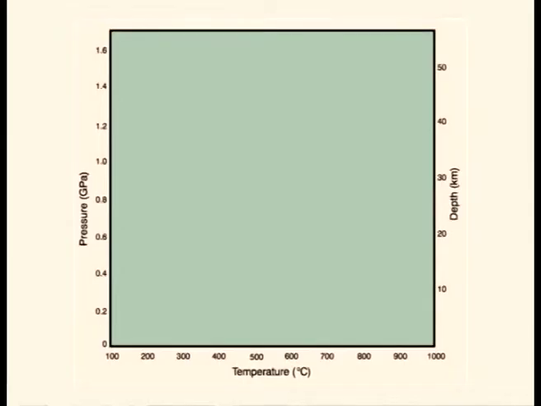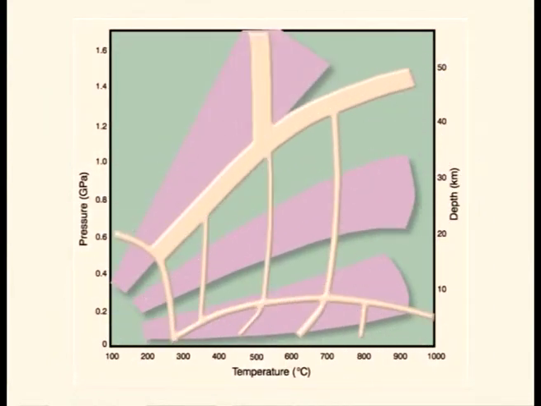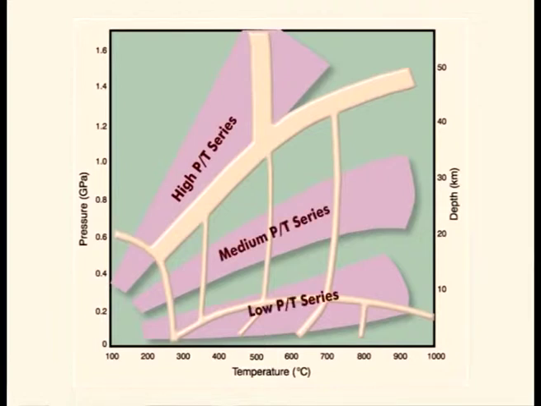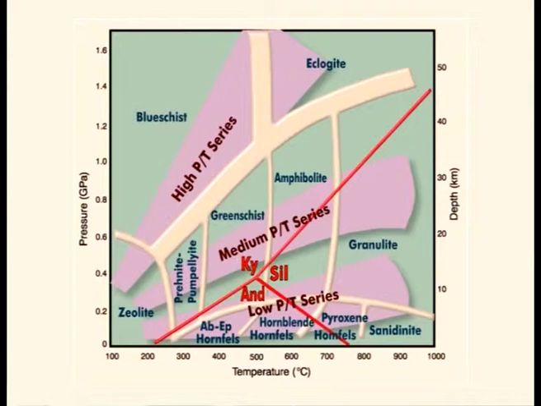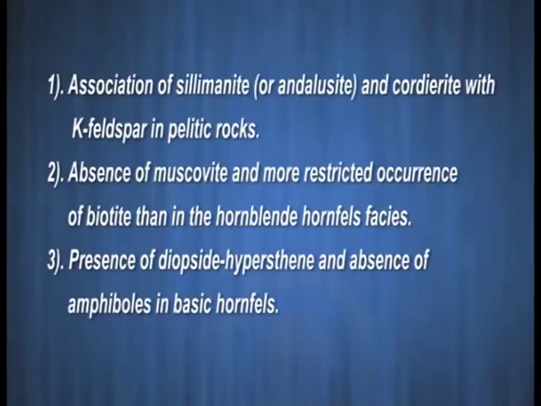Characteristic mineral features. First, association of sillimanite or andalusite and cordierite with potash feldspar in pelitic rocks. Second, absence of muscovite and more restricted occurrence of biotite than in the hornblende Hornfels facies.